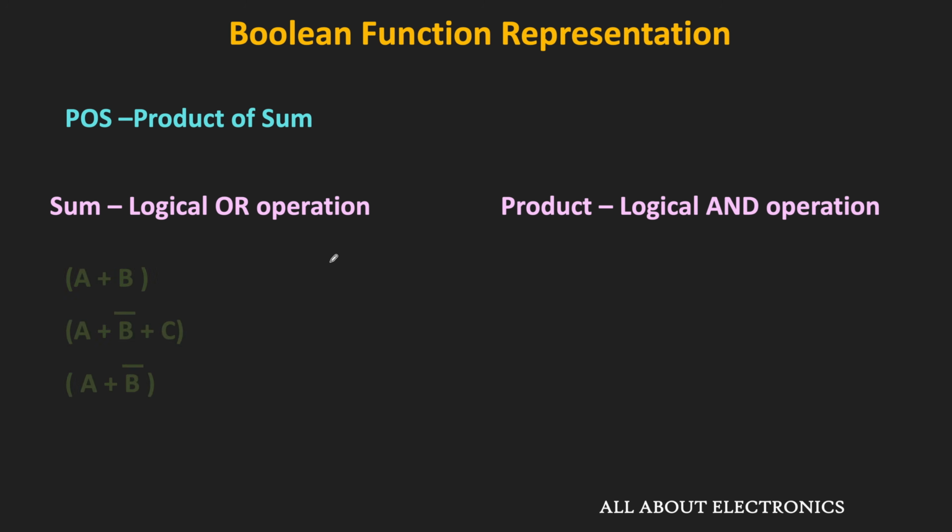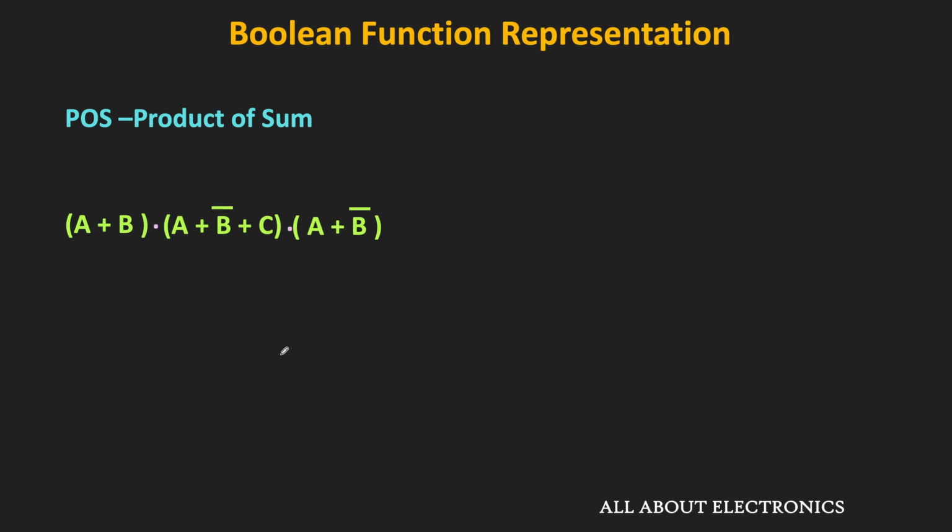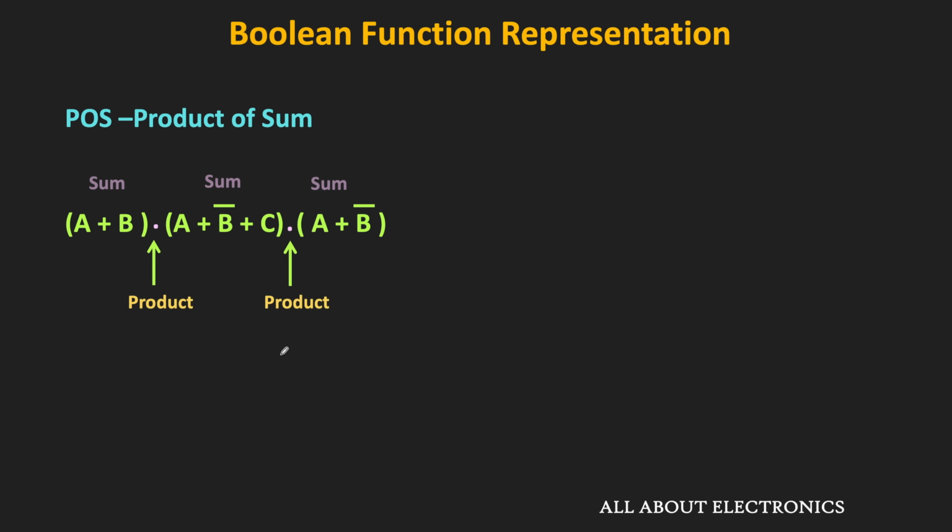So these are a few examples of the sum terms. In this product of sum or POS form of representation, different sum terms are logically ANDed. This dot represents the product or the logical AND operation, while the terms inside the brackets represent the sum terms. So that is the product of sum form of representation.